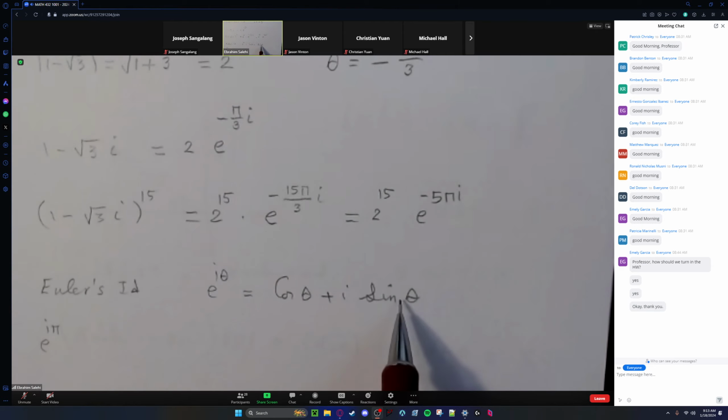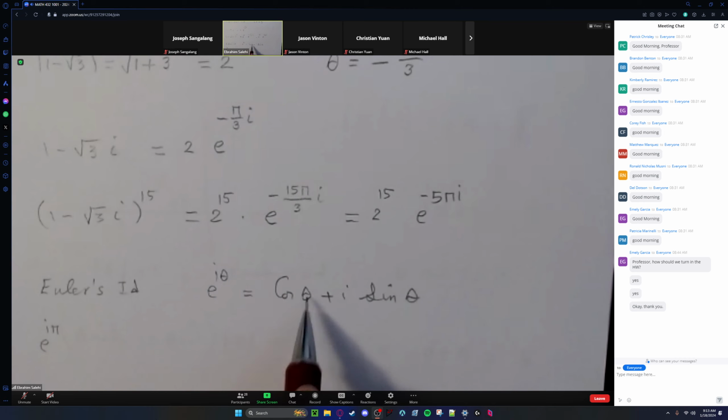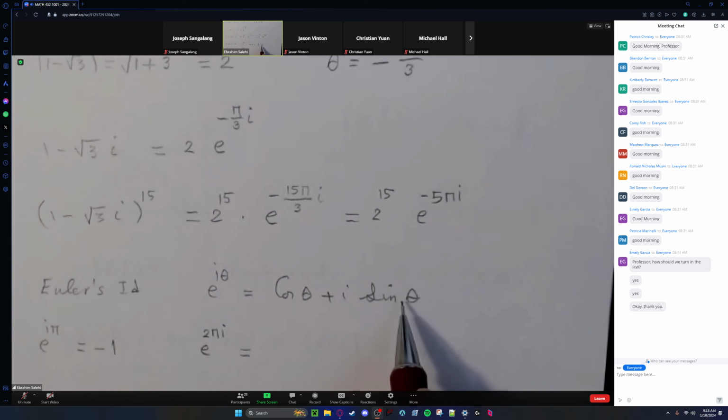You know, sine of pi is 0, cosine of pi is negative 1. How about that? What is e to the 2 pi i? Well, again, sine of 2 pi is 0, cosine of 2 pi is 1.